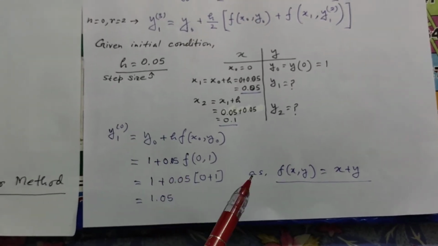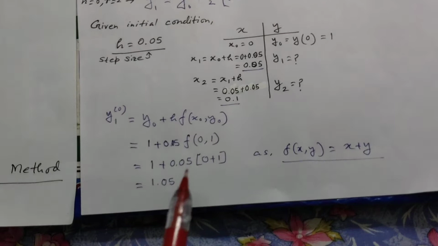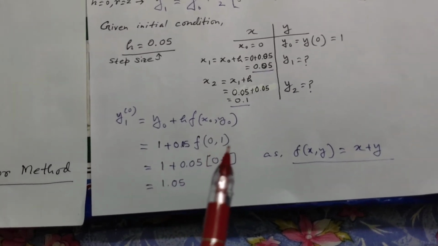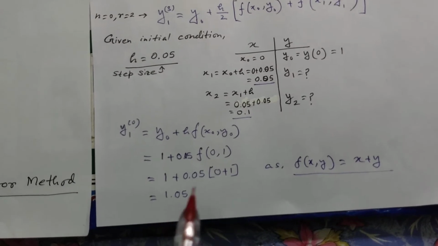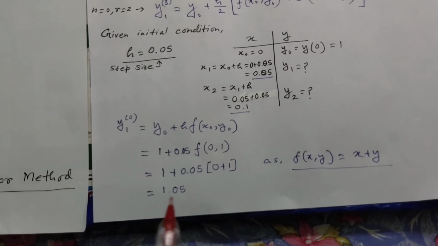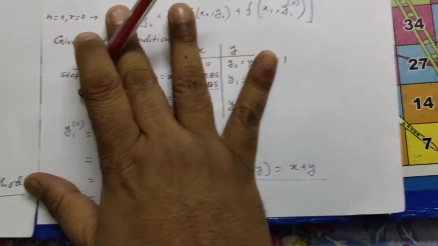Now according to the function f(x, y) equals x plus y, given in the question, f(0, 1) will be 0 plus 1. By calculating this, we get y10 as 1.05, right?